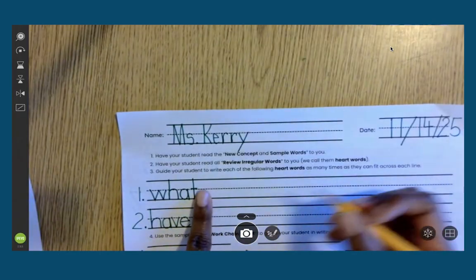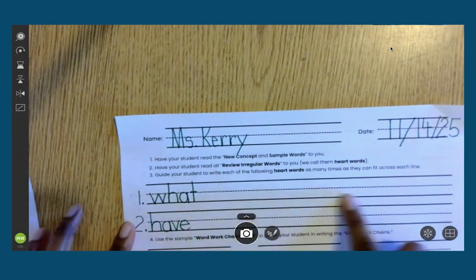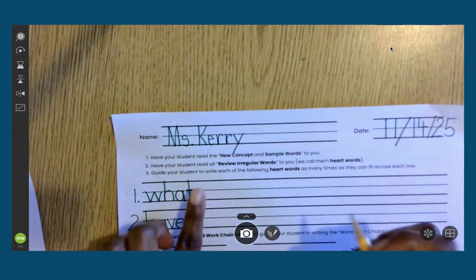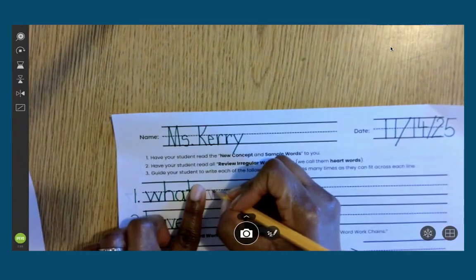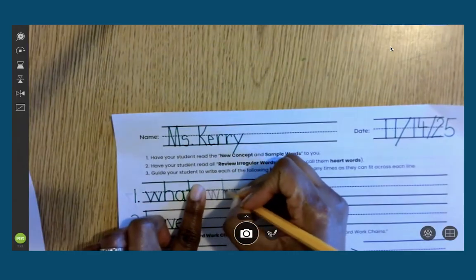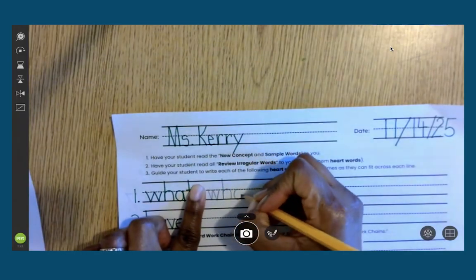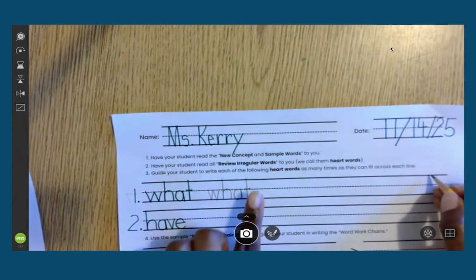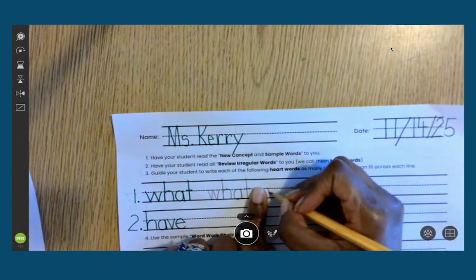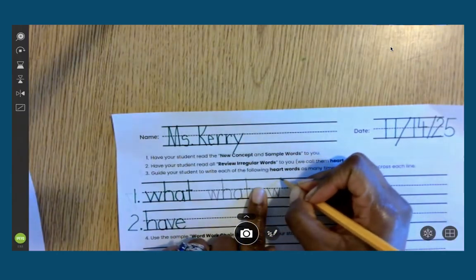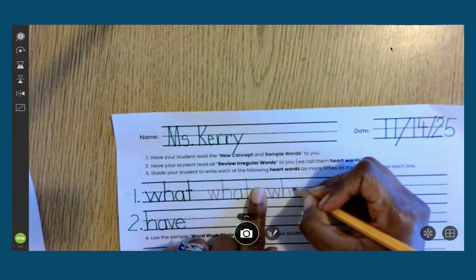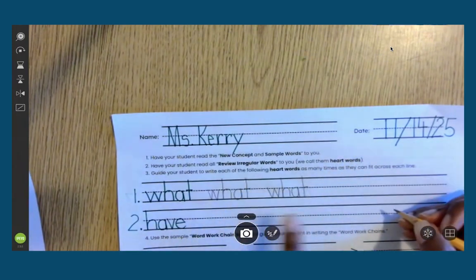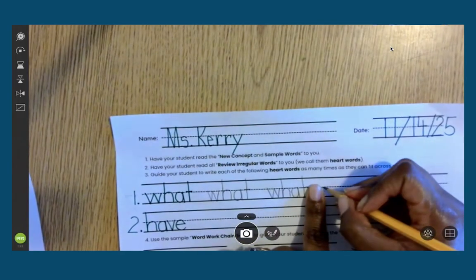Have your child write the word what across the page as many times as they can with spaces between the words. So W, H, A, T, what? W, H, A, T, reminding them to say the letters as they say the word.